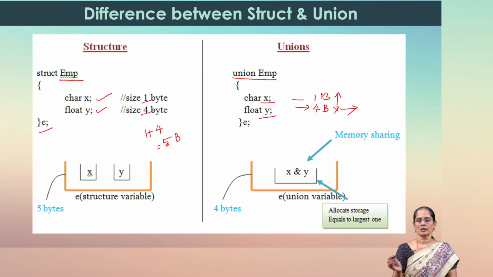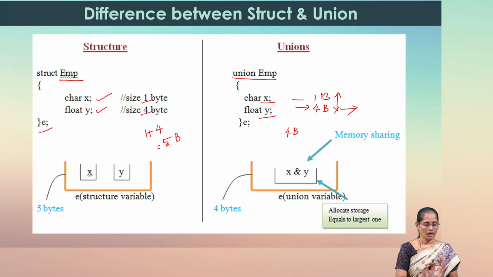The size of the union will also be the size of the largest member, which is 4 bytes. One point to notice here is that in the case of structures, even though there are only 2 members, the size of the structure is 5 bytes, whereas in the case of a union it is now reduced to only 4 bytes, right.